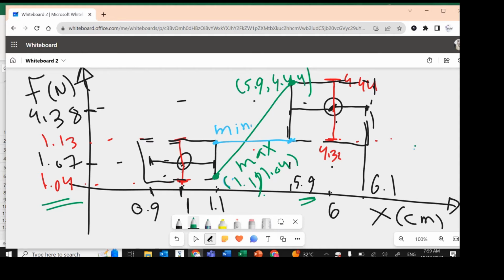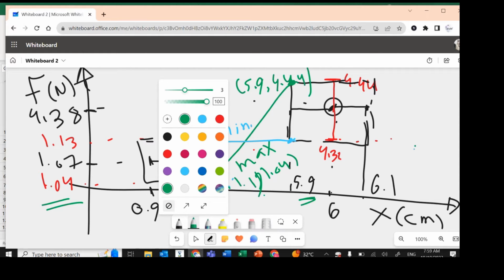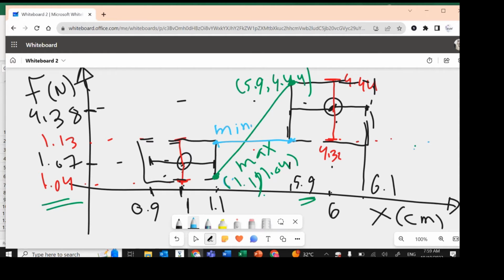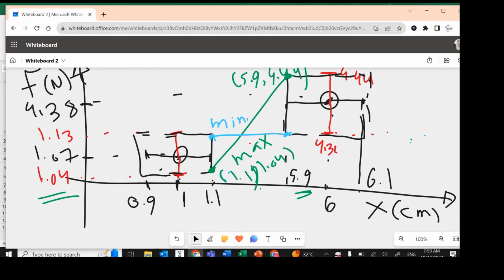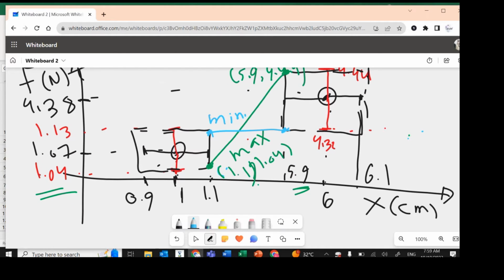Okay, now for the minimum slope, the coordinate of this point here is 1.1, and y-axis, as I went up, it's going to be 1.13.